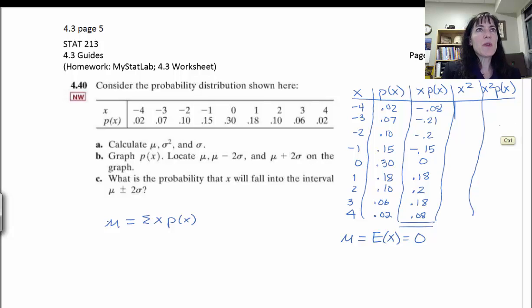So then let's continue on. If I square my x's, this one will give me a +16, a +9, a +4, a +1, 0, 1, 4, 9, and 16. And then those numbers I need to multiply by the probability again. So I have to be a little bit careful, and I'm coming over here and multiplying this column times this column and putting it in there. Okay, so probability times the x squared value.